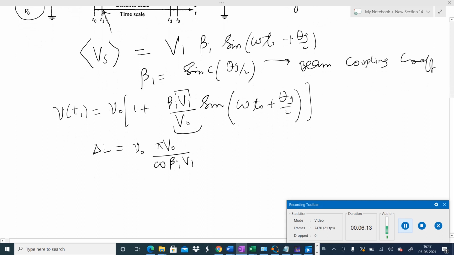So we define T2 minus T1, which is also equal to the distance between the buncher and catcher cavity divided by the velocity, which is given by the velocity modulation equation.